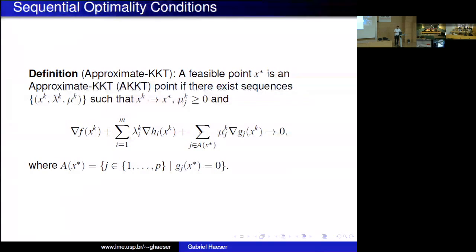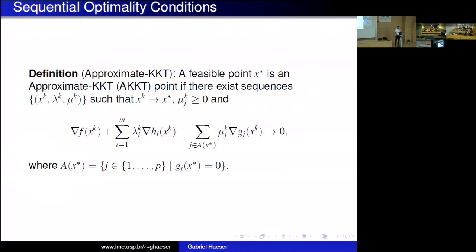And I want to check if this approximate KKT condition is fulfilled. At each iteration k, I have these values, so I may check if this gradient is small enough. If this is small enough, maybe I should stop my algorithm. I'm sufficiently close to a solution. Okay, this is the idea.